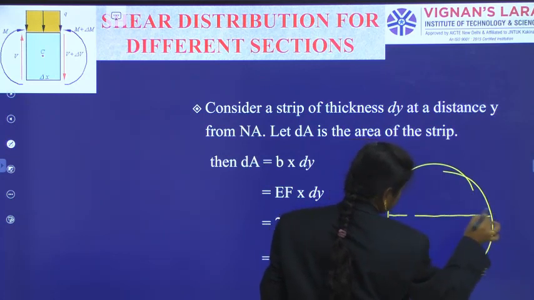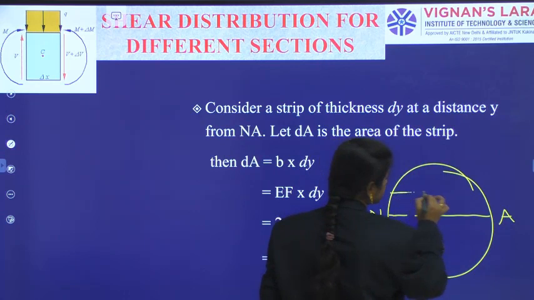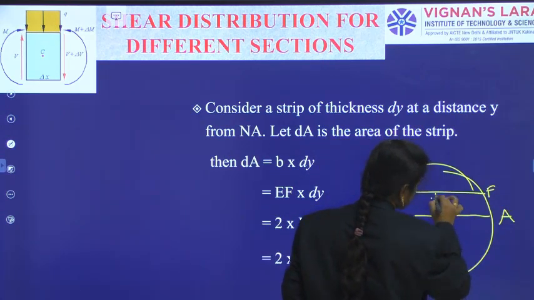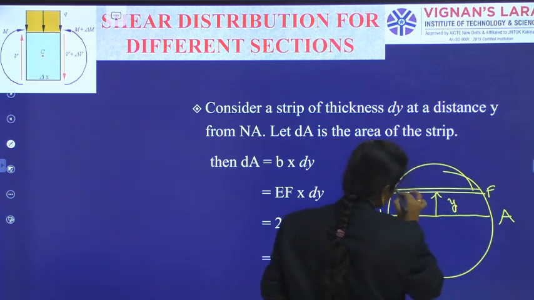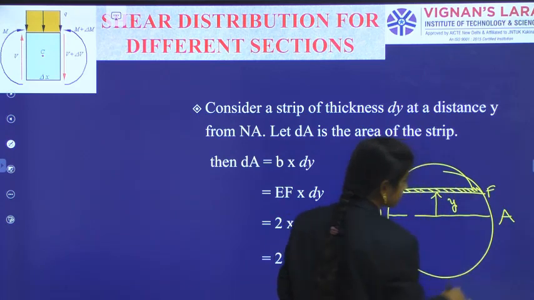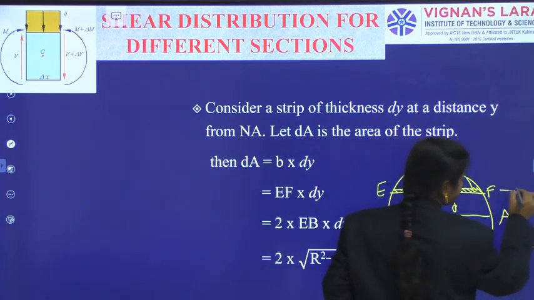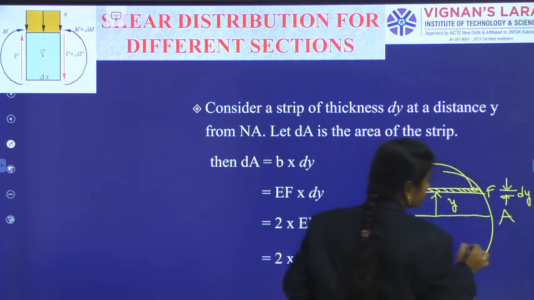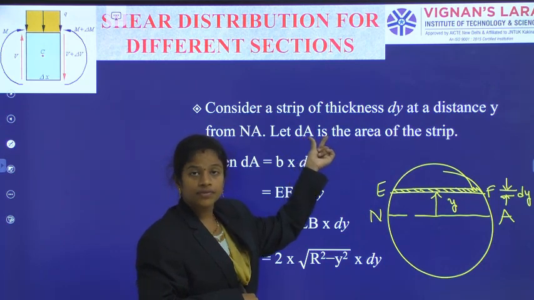As this is our circular section, and this is E and F, located at a distance y, in this circular portion, for evaluating the shear stress at the level EF, I am considering a small strip of thickness dy with the area of the strip.